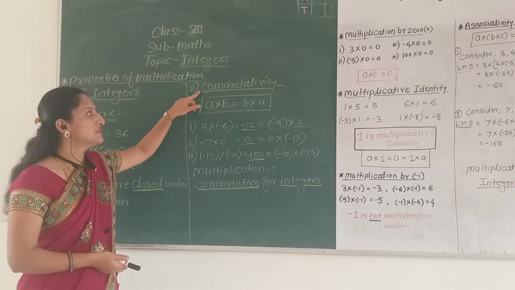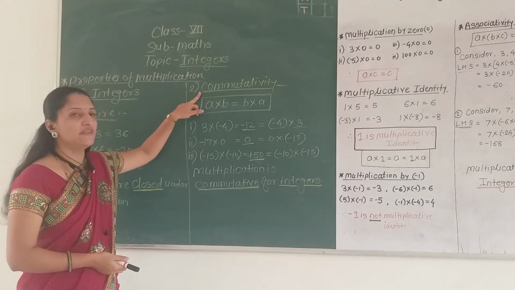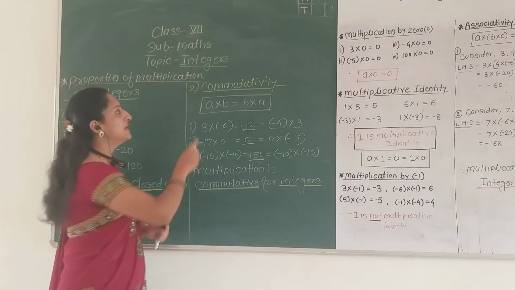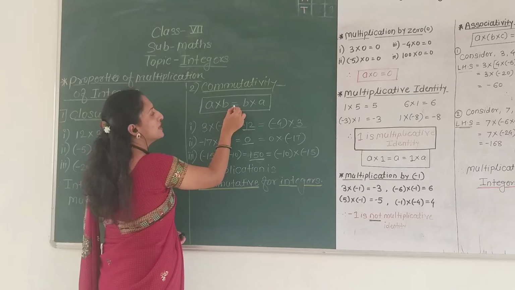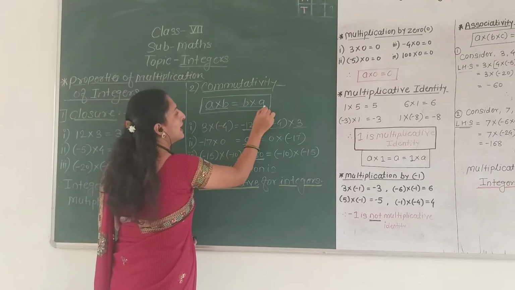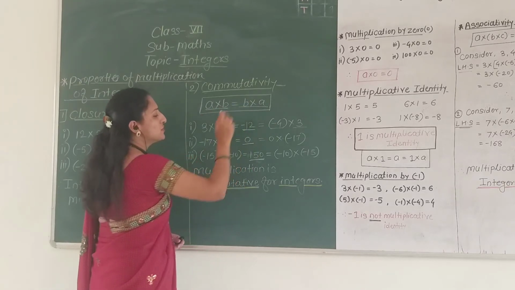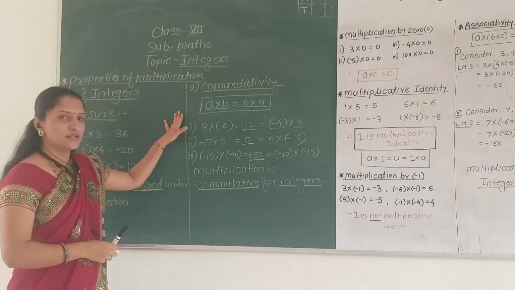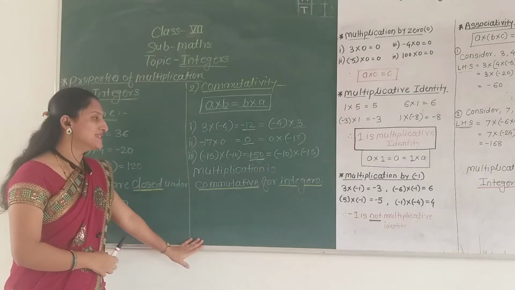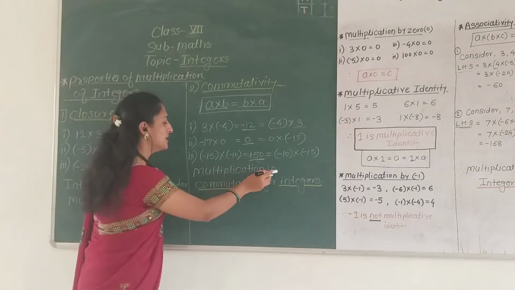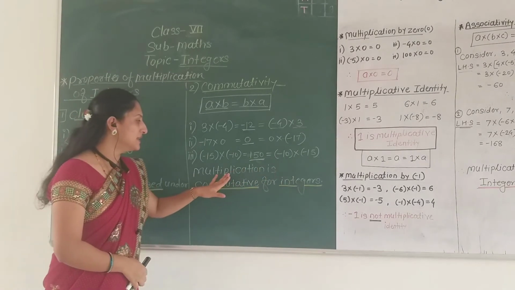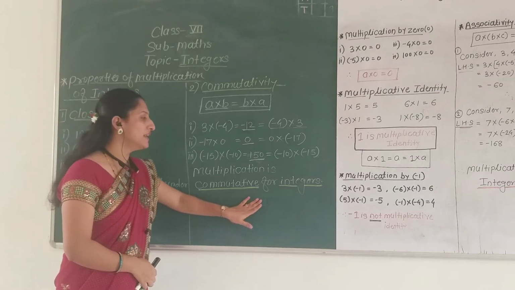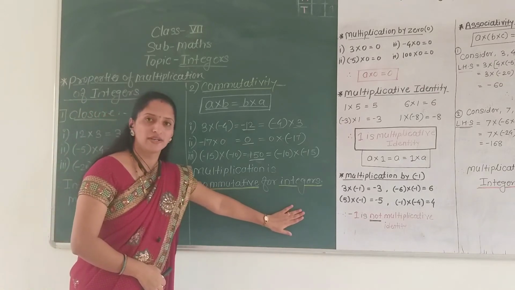This property is known as the commutativity property. It shows that A into B is equal to B into A. So from this we say that multiplication is commutative for integers.